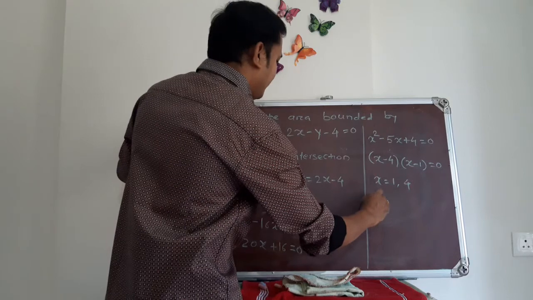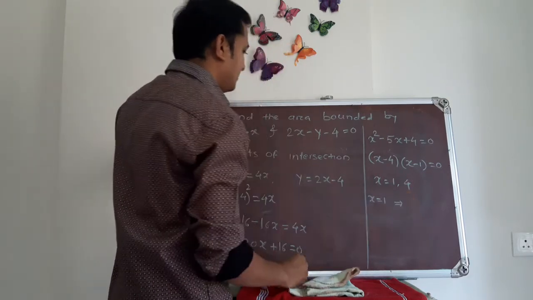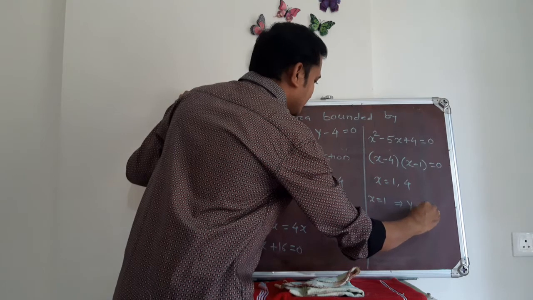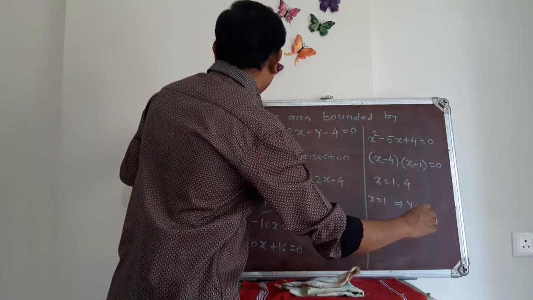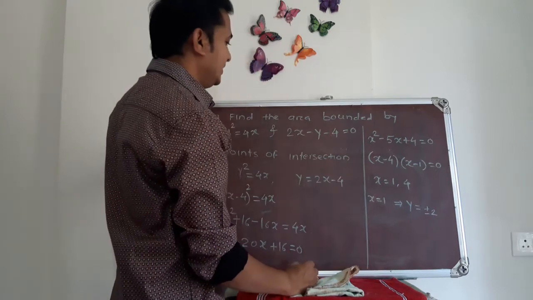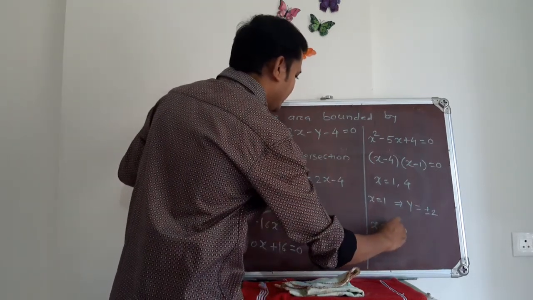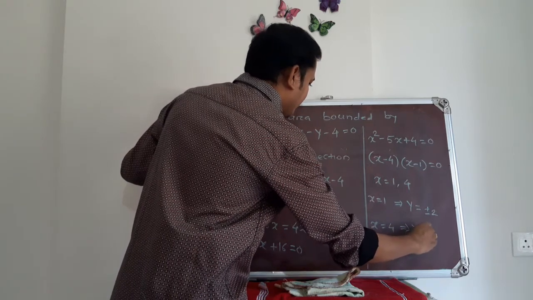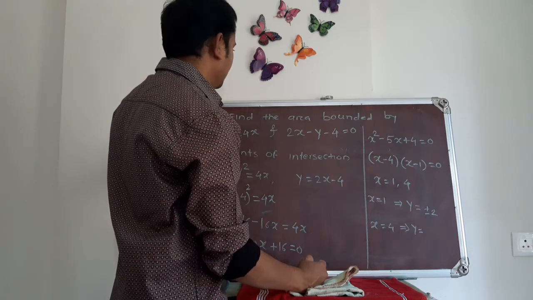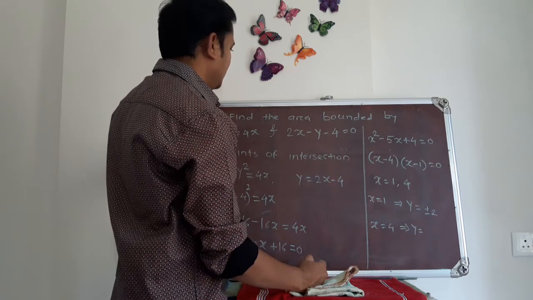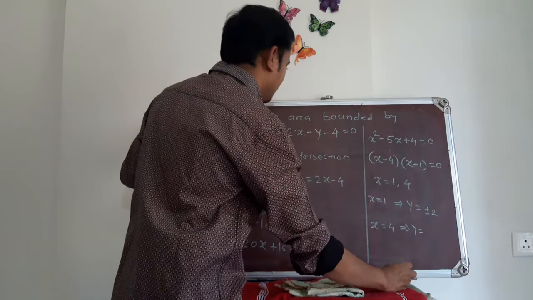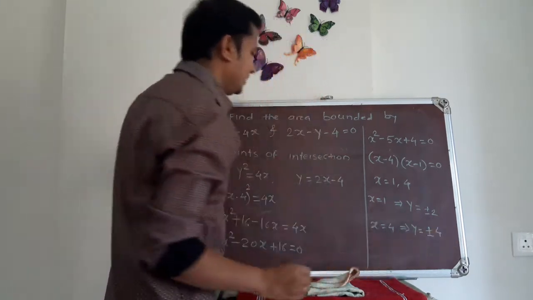So x is equal to 1 implies y is plus or minus 2, okay, and x is equal to 4, then y is plus or minus 4. Okay.